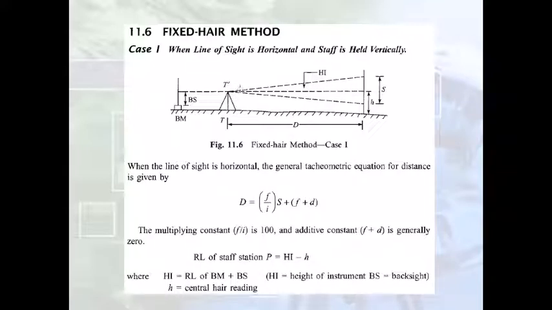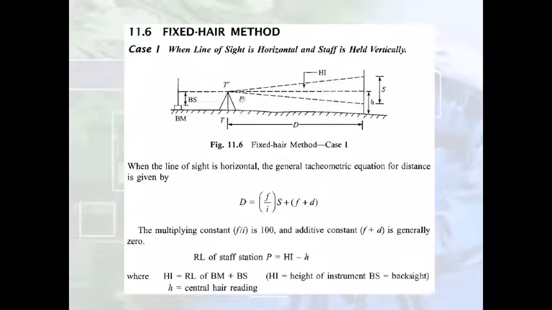So you'll be looking at the staff at an angle of elevation or an angle of depression. That would change the equation. But first, we are discussing the very simple basic method, which we try to stick with in the lab as much as we can: the line of sight is horizontal and the staff is held vertically.